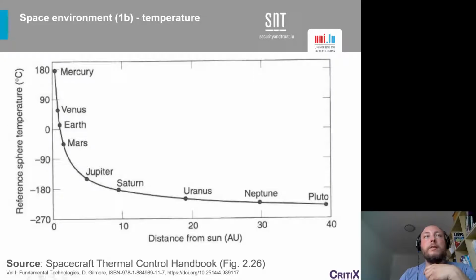On the other hand, when you are visiting Mercury, the first planet from the Sun, the average temperature can easily reach 180, which is easily 30 degrees over the maximum range of all the military electronics that we are having on Earth. So it's also very hard to build a probe that is capable of operating there without very sophisticated isolation and active thermal control.